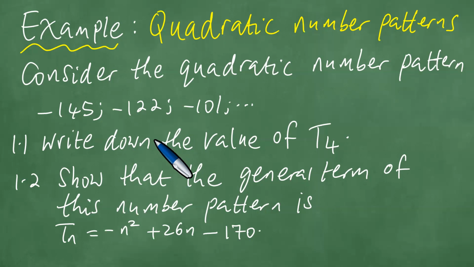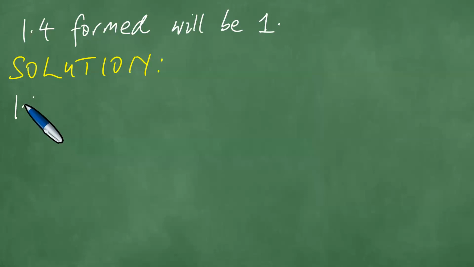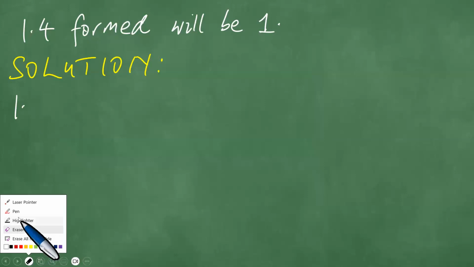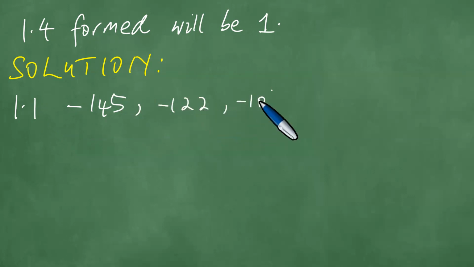So we have 1.1, which is minus 145, minus 122, minus 101 and so on.